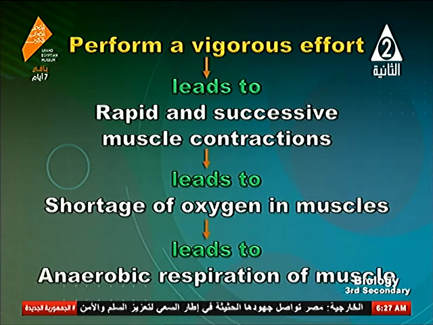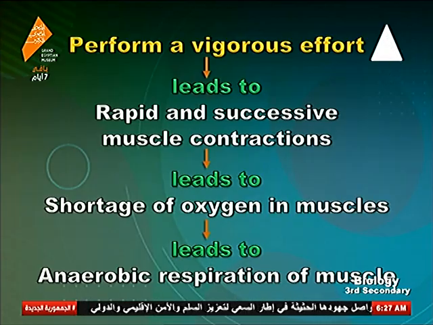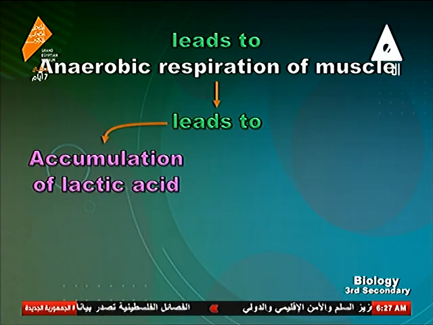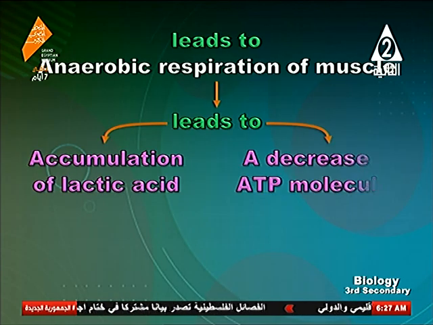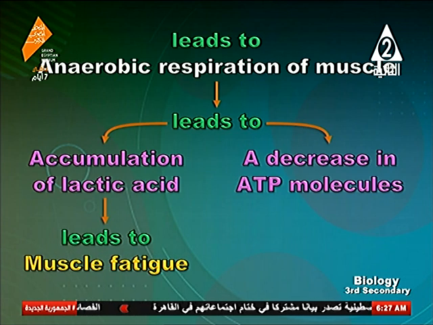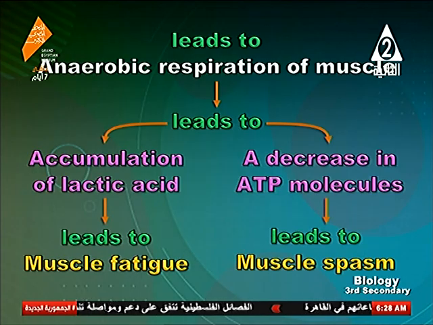So the muscle needs to make anaerobic respiration, which leads to accumulation of lactic acid and also a decrease in ATP molecules. Accumulation of lactic acid leads to muscle fatigue, while a decrease in ATP molecules leads to painful muscle spasm.